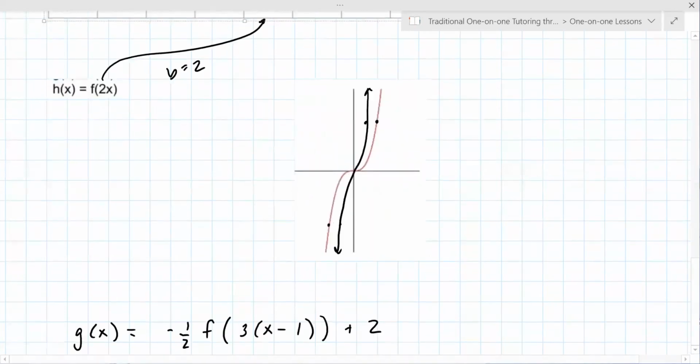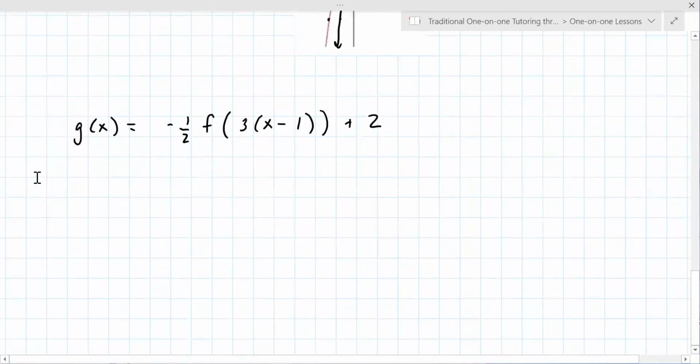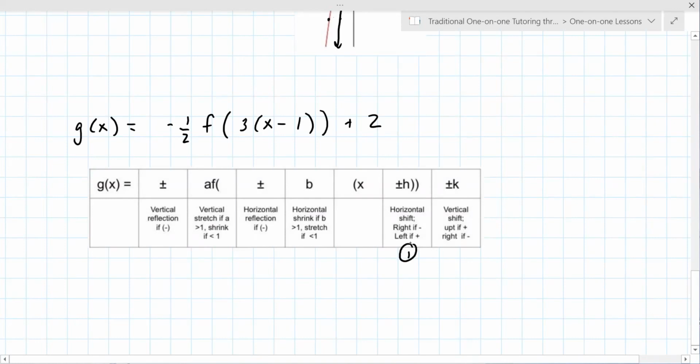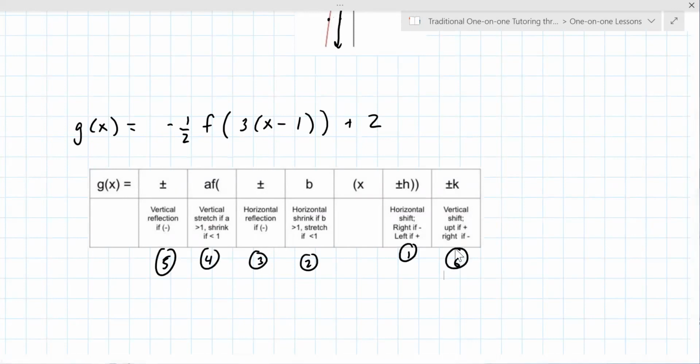I think so. Yeah, and I think you can too. You just have to follow this, which is kind of nice. So it goes in this order: 1, 2, 3, 4, 5, and then 6. It's not like there's an infinite number of these things.